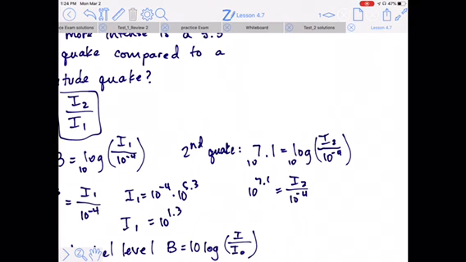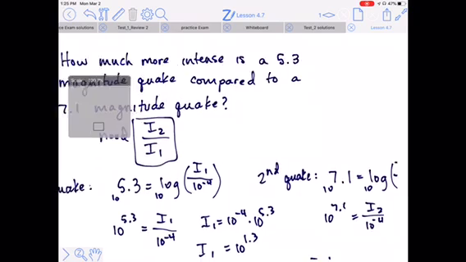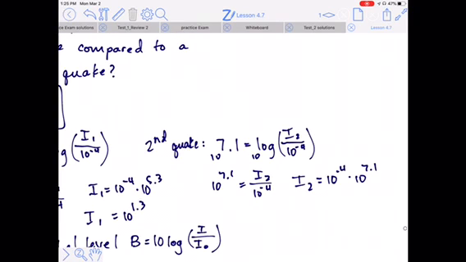If we multiply by 10 to the negative 4 on both sides, we have the intensity of the second quake is equal to 10 to the negative 4 times 10 to the 7.1. And then again, since we have matching bases here, we can simply add the exponents together. So the intensity of the second quake is 10 to the 3.1 centimeters.